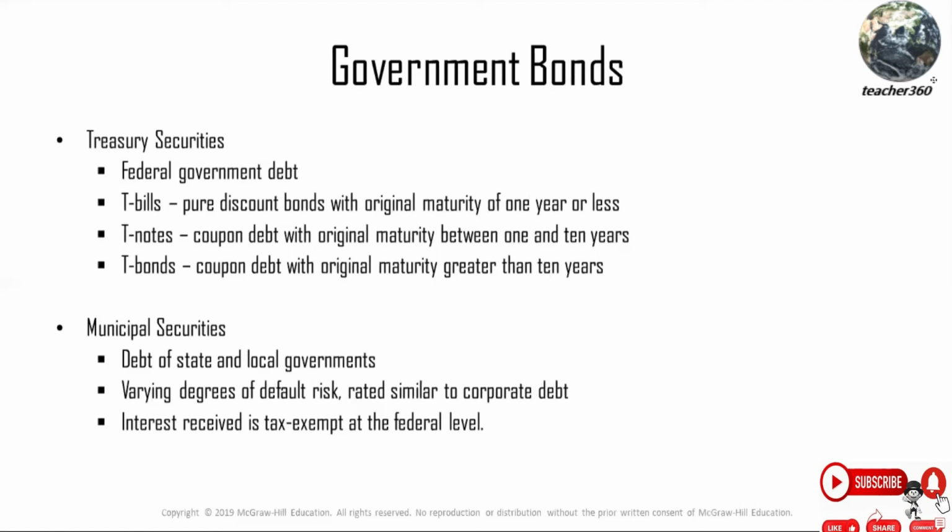For development activities, government generally issues bonds to the public for their long-term fund requirement. The government bond or treasury security is the most secured bond instrument. So investors generally prefer to invest in government bonds rather than corporate bonds.